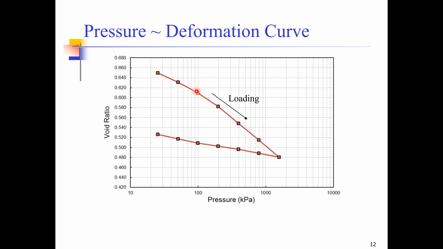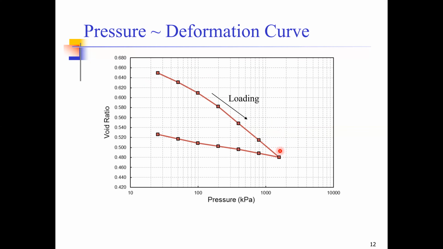We apply the third loading increment, maintain this loading increment like the previous ones for 24 hours, and determine the void ratio. And in the same way, we apply different loading increments, each applied for 24 hours, and each loading increment double of the previous loading increments. So by doing so, we can plot the loading curve.